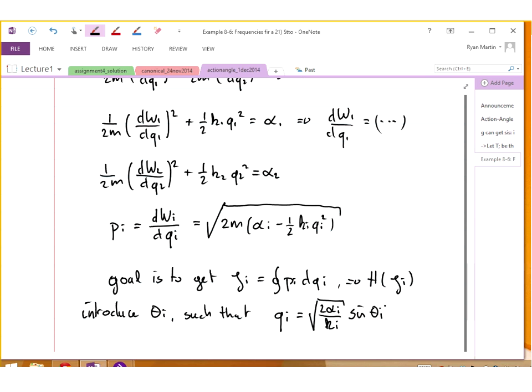You can just think of this as the definition of theta_i. So I'm just reparameterizing q_i in terms of theta_i.